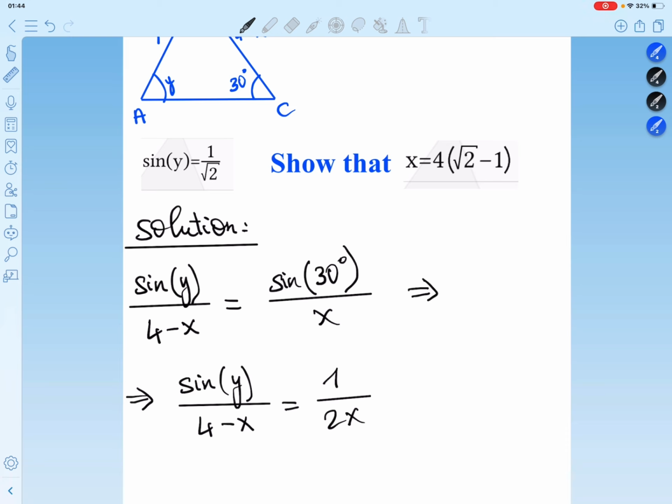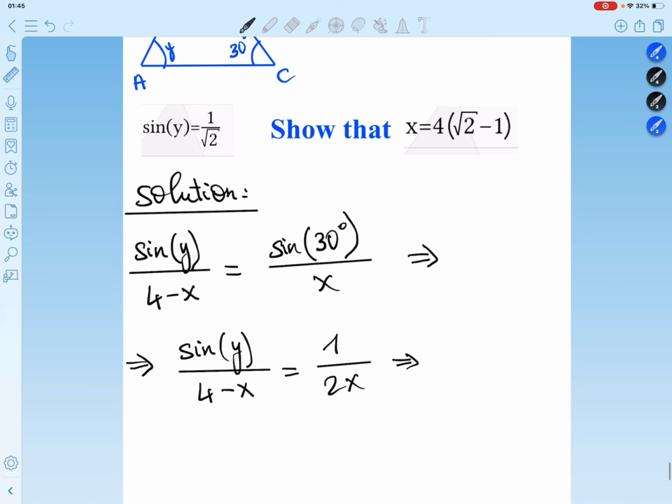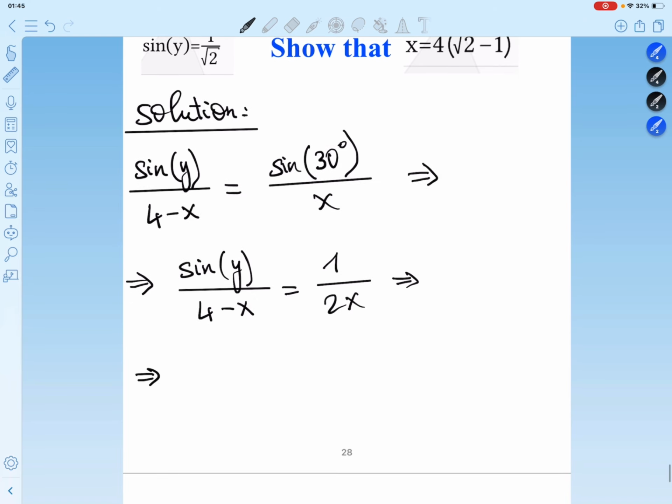Now what we're gonna do, we can cross multiply. So if we cross multiply, we're gonna have that 2x times sine of Y is equal to 4 minus X, right?